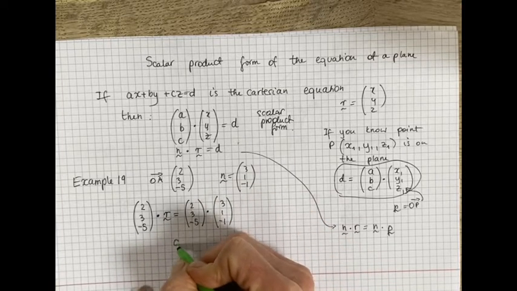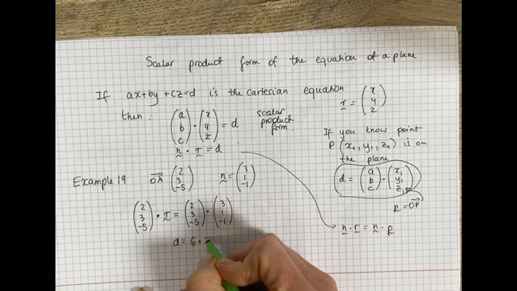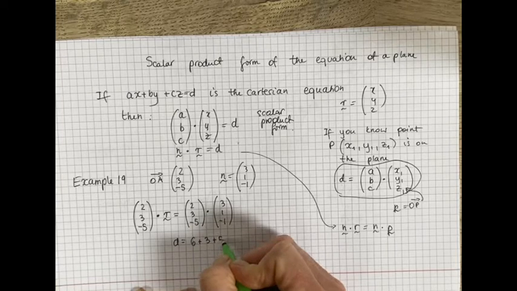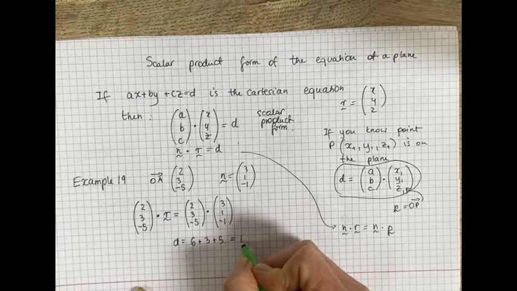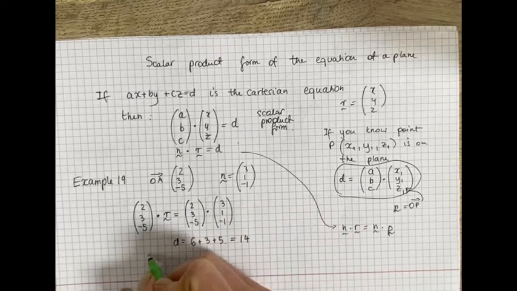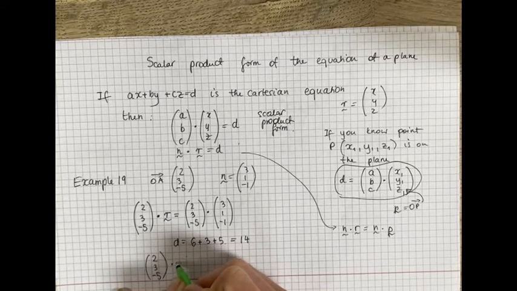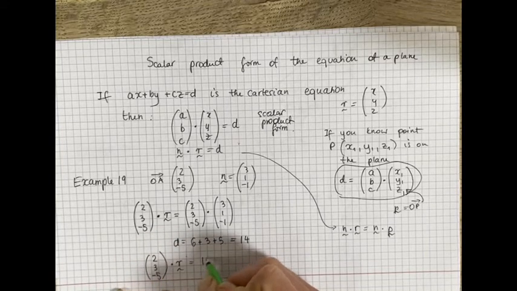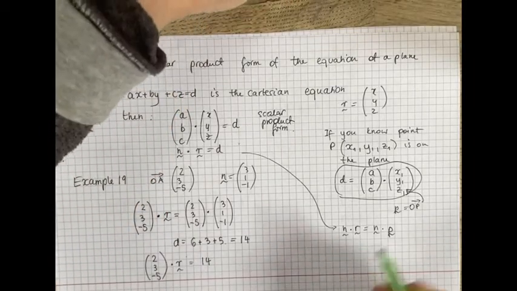Okay, so D is going to be 2 times 3, which is 6, plus 3 times 1, which is 3, plus 5, which is 9, plus 5, which is 14. So it's 2, 3, minus 5 dotted with R is equal to 14. So that's the scalar product form.